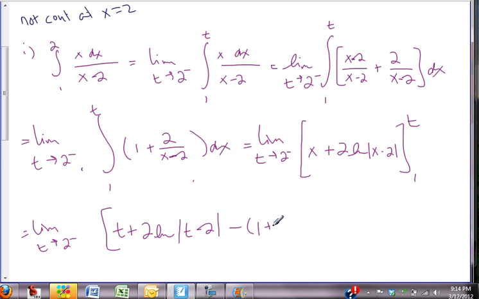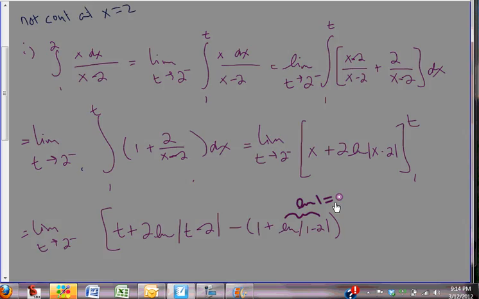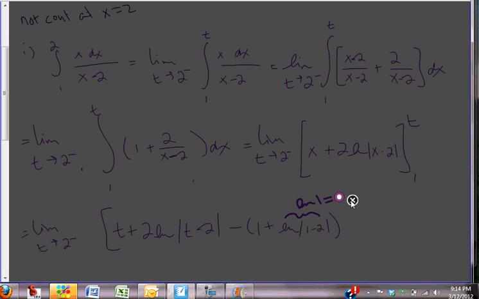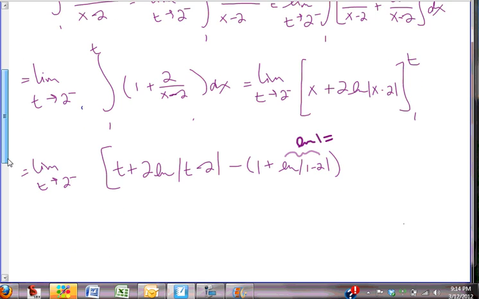1 plus 2 ln of absolute value 1 minus 2. That's ln of absolute value negative 1. Well, let me write this out. What is that going to be? Of course, yeah, you got it. That's going to be ln of 1, which is just 0. So that's just going to 0 out. Okay, so let's bring this down there.